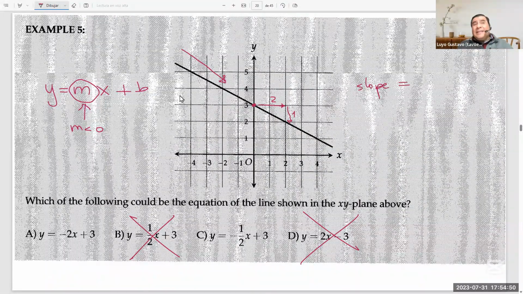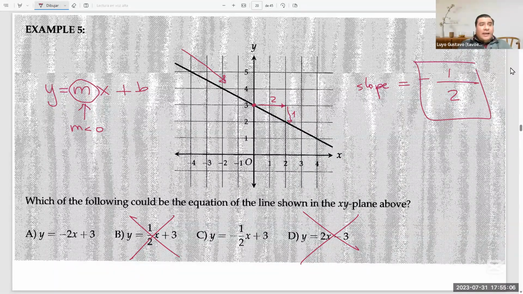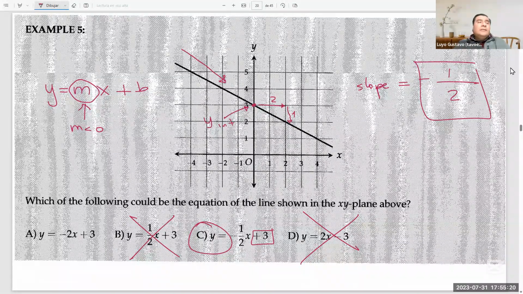We know it is a negative value and the rise is actually 1. You move 1 down and horizontally you move 2. Rise over run, remember? So negative 1/2 would be the slope of this line. The correct answer, option C. Notice that this exactly matches. This constant value here is exactly the position of the y-intercept. Let's see the next example.